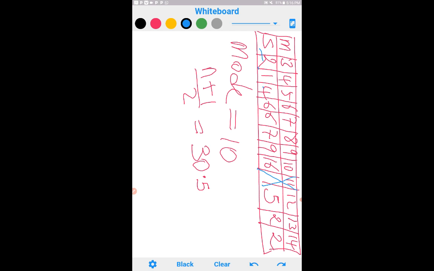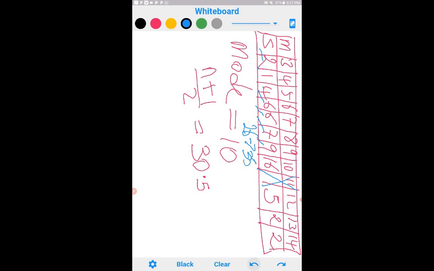We add 6, it makes 13. We add 6 again, it makes 19. We add 7, it makes 26. We add 9, and adding 9 to 26 gives us 35, which is already above 30.5.